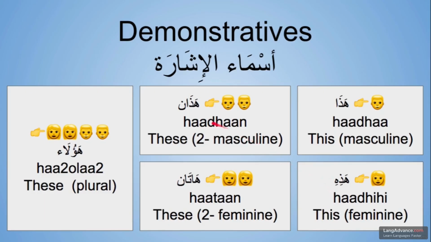And هذان, which means these two masculine, and هاتان, which means also these two, but for feminine, and then هؤلاء, which means these plural, both mixed male or female.